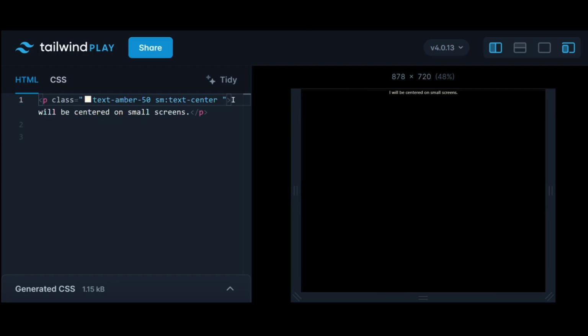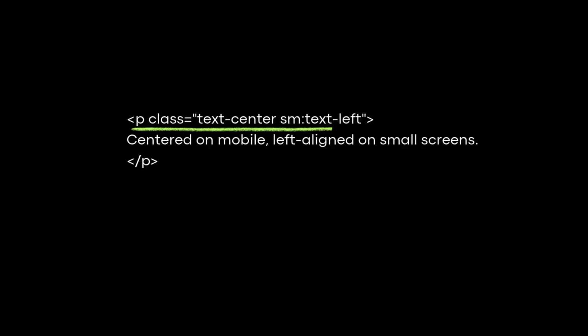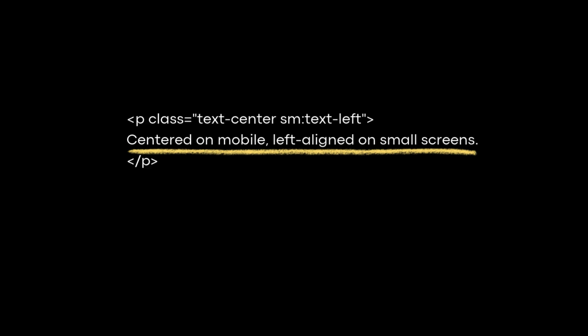It actually centers text on screens that are 640 pixels and larger, right? So it basically goes up in direction. If you write class text-center and then sm:text-left, it simply means centered on mobile and left aligned on small screens and above.